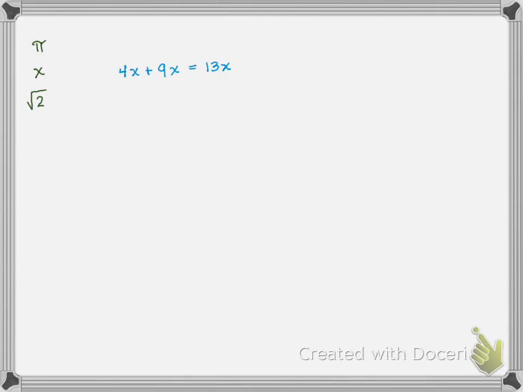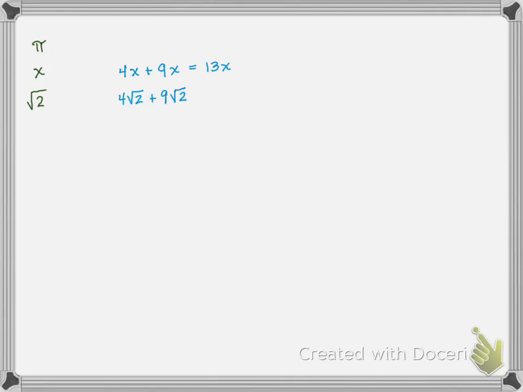But when I add 4 times the square root of 2 plus 9 times the square root of 2, that square root of 2 is going to behave just like the x does. So it's just behaving as, again, a symbol that represents a number.